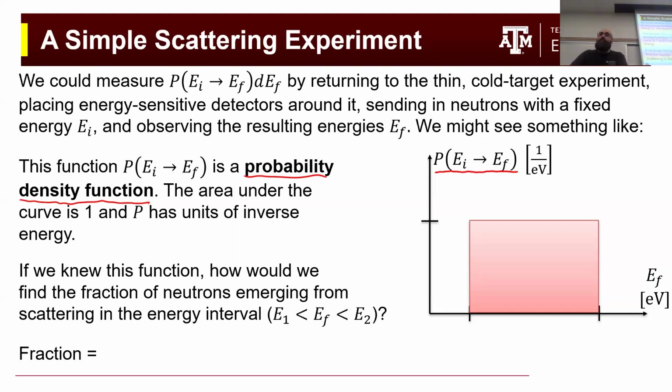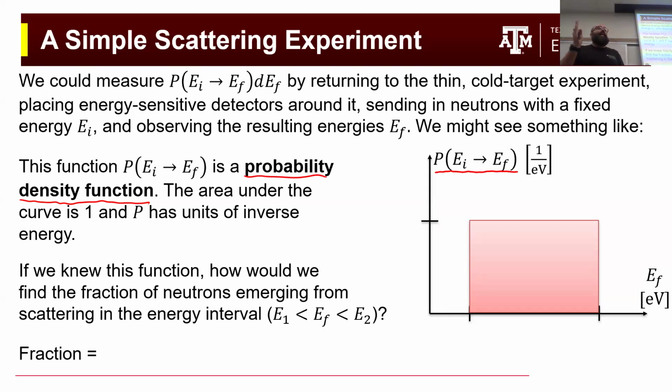In terms of conservation of energy, scattering is effectively like billiard ball collisions, so it's governed by conservation of momentum and conservation of energy. If the neutron coming in has an energy EI and scatters with a stationary target, the energy at the beginning is the kinetic energy of the neutron. If energy is conserved, the best we could do at the end is for the neutron to have the same energy it started with.